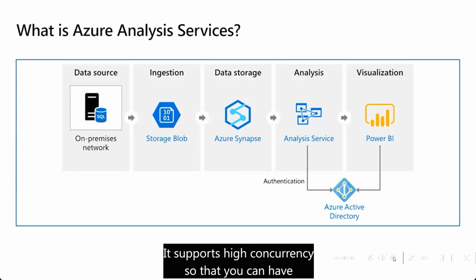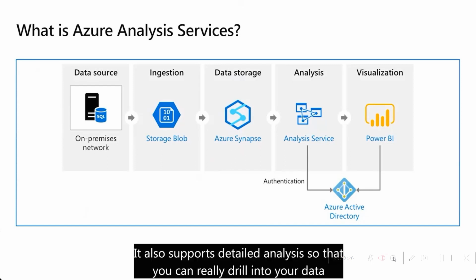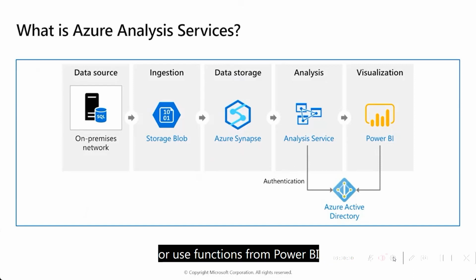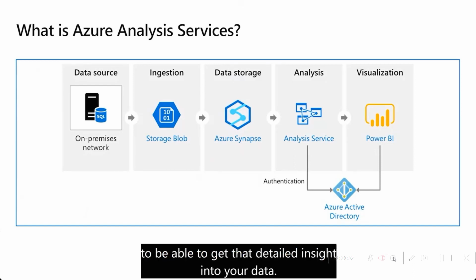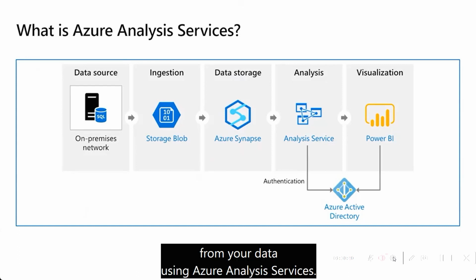It supports high read concurrency so that you can have thousands of users connect to it at the same time. It also supports detailed analysis so that you can really drill into your data or use functions from Power BI to get that detailed insight into your data. You can also create very rapid dashboards from your data using Azure Analysis Services.